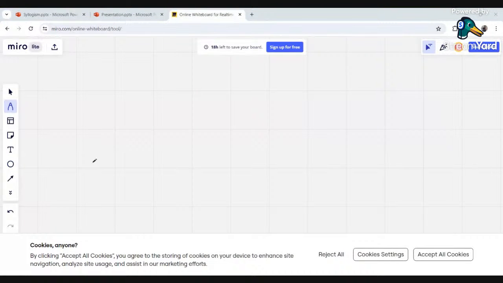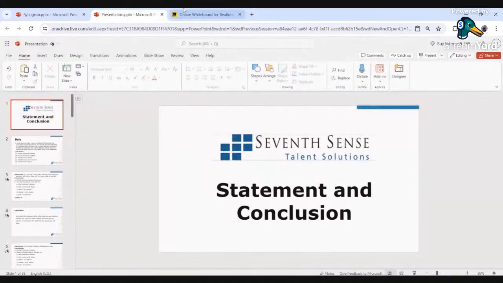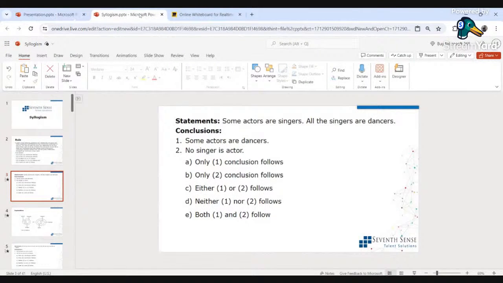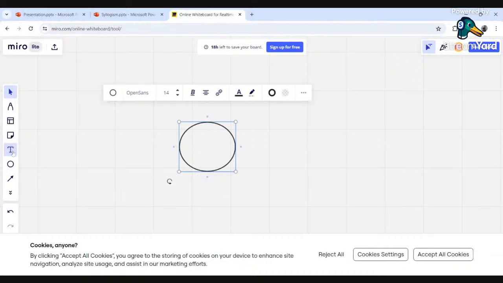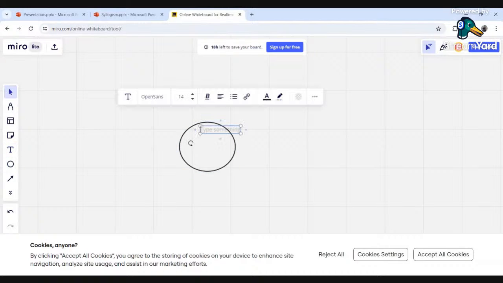First thing is you need to see the question. Our question tells: some actors are singers. So first thing, draw a circle, and inside the circle, label it actors. Just take it as A for now.